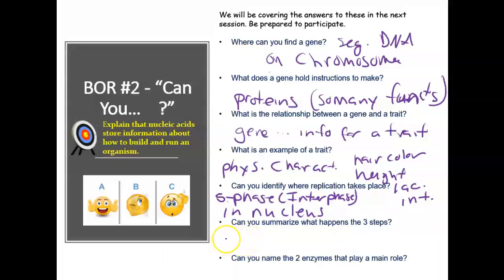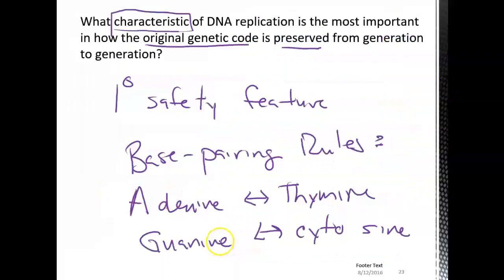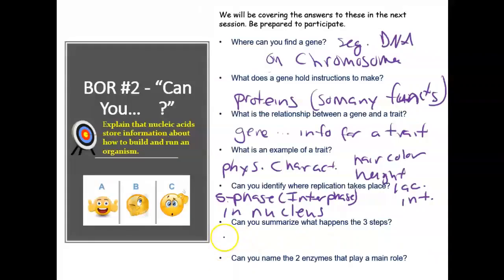The 3 steps, in order to summarize that, because I don't have a lot of space, I would ask you to go back to this, right? So when you summarize these 3, make sure you know the helicase enzyme, the DNA polymerase enzyme, and then the base pairing rules. Make sure you mention all those.